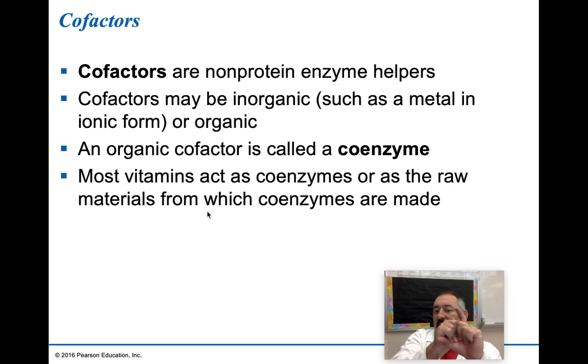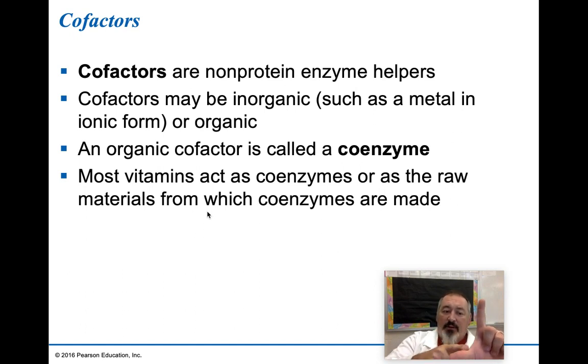If you didn't have that, you don't have that active site. And if you don't have that active site, you can't go through that enzymatic reaction, which means the process that needs to be catalyzed is not going to happen, or it's going to be very slow. Sometimes the effect is stunted growth or many other problems, and some diseases are really linked to not having certain things as part of this.